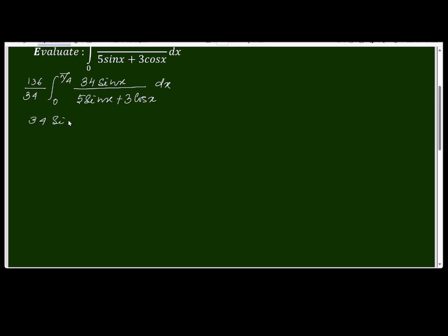in this technique. How? Let this equal a some constant into the denominator plus another constant or arbitrary constant b into the derivative of the denominator. So it will be 5 cos x minus 3 sin x.